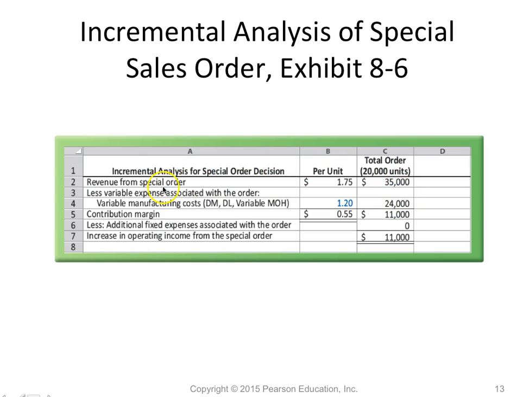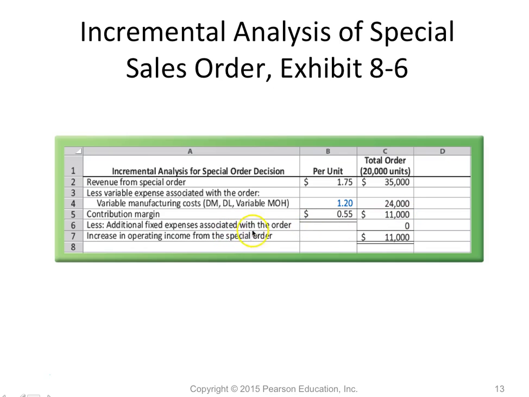So the revenue from the special order is 35, and the variable manufacturing cost will be 24. It's direct material, direct labor, and variable manufacturing overhead. And then contribution margin will be 11,000.